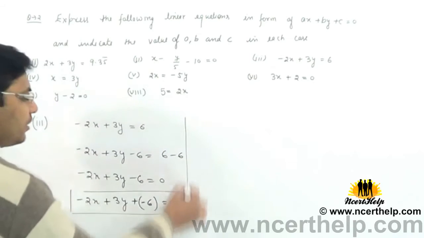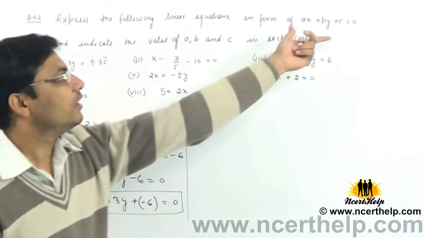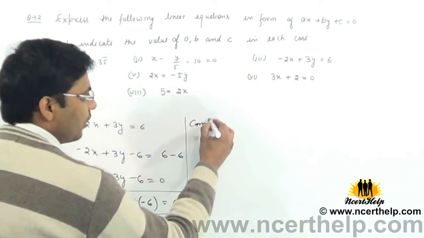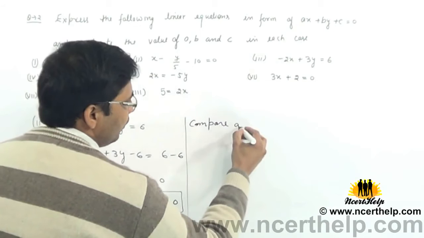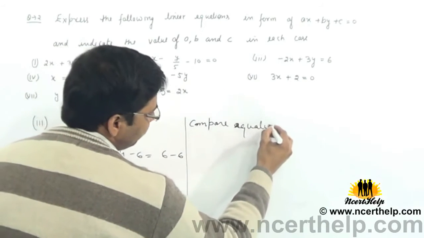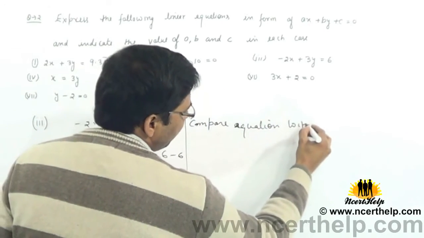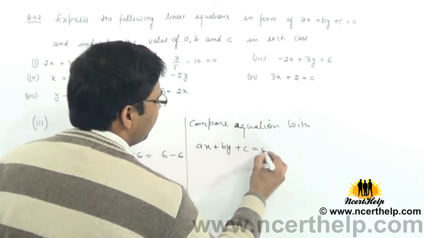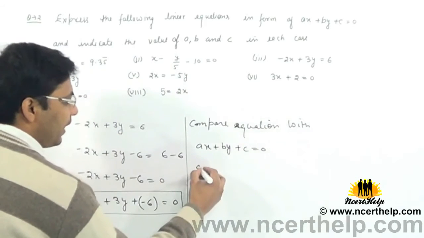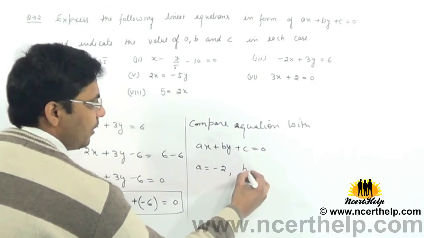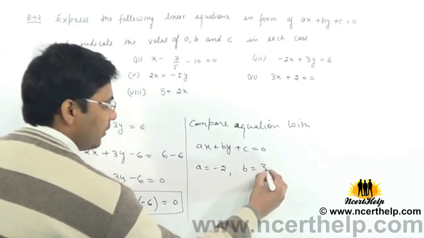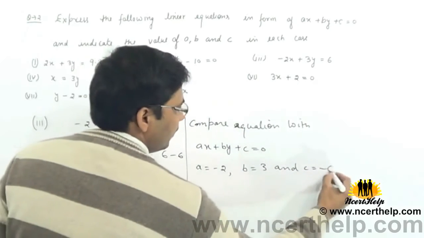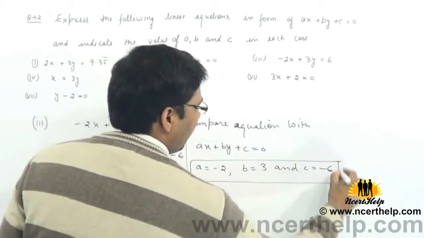Now compare this equation with ax plus by plus c equals 0. We will get a equals minus 2, b equals 3 and c equals minus 6. This is the answer of third.